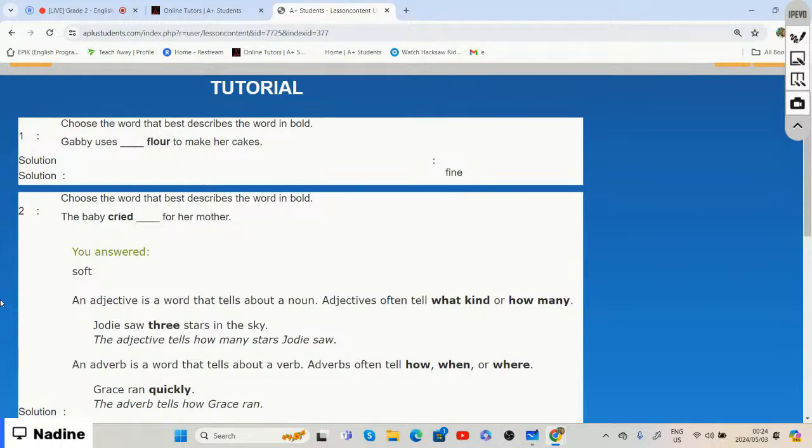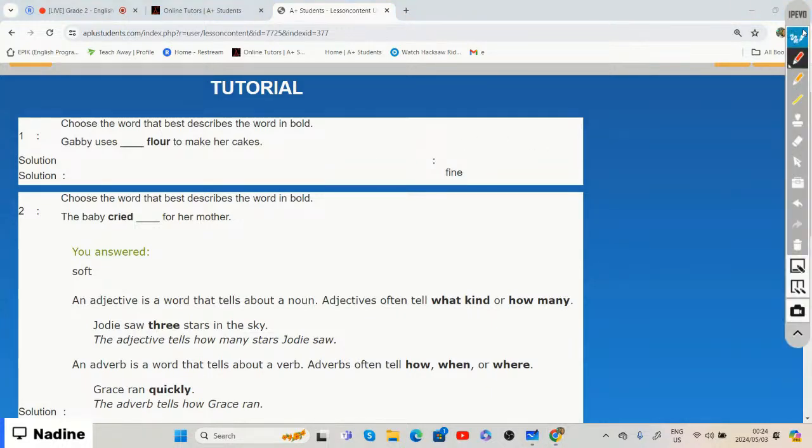And if we were to identify, let's look at the sentence. It says, Gabby uses fine flour to make her cake. So in this case, they are saying that Gabby uses fine flour to make a cake.